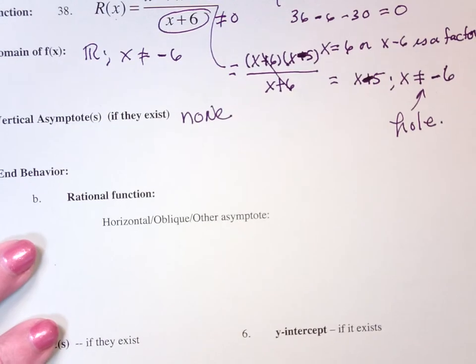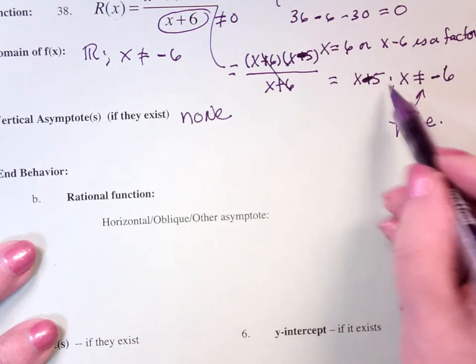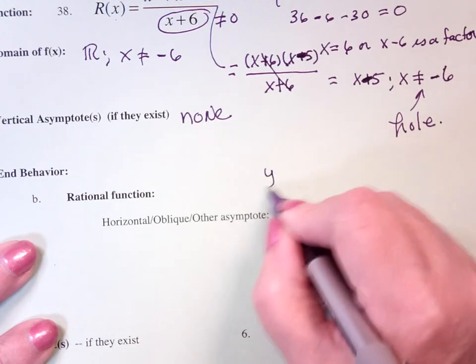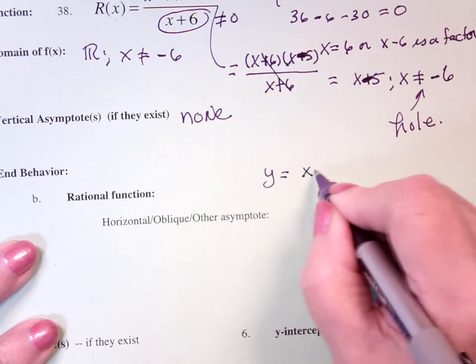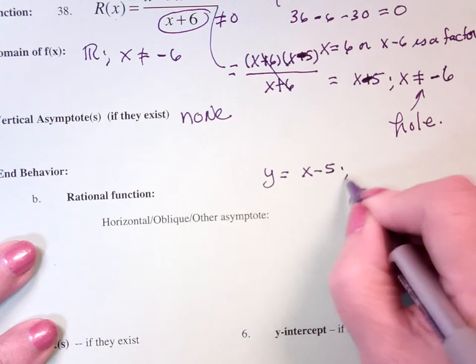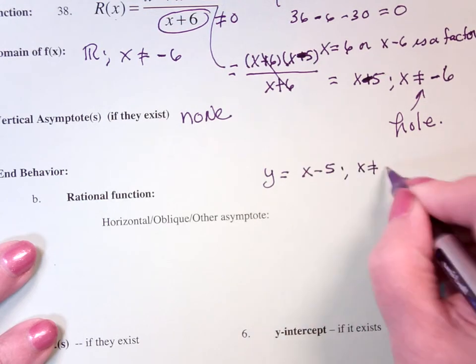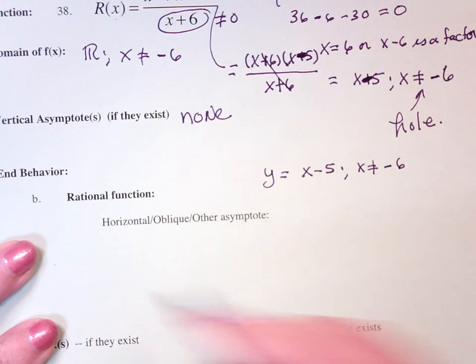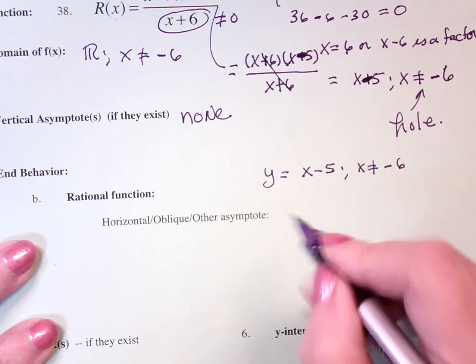Now, what about end behavior? Well, if I'm looking at y equal x minus 5, where x can't be negative 6, there is no end behavior asymptote.